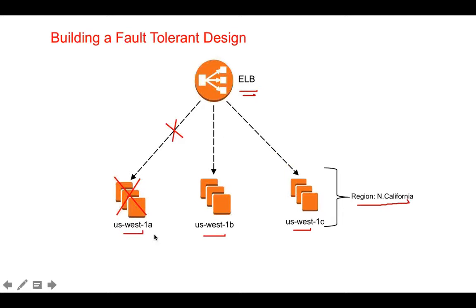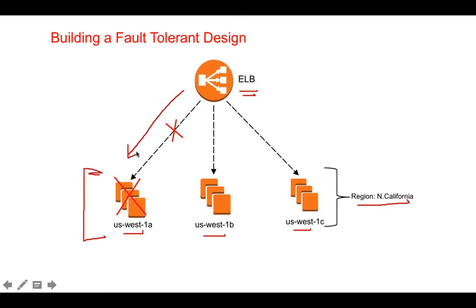Now, this load balancer is sending the traffic to all the instances in different AZs. Now this AZ, US West 1A, goes down for some reason. Might be due to some natural calamities, might be that Amazon Web Services has shut down this AZ for maintenance purposes. As soon as US West 1A goes down, the load balancer will send the health check messages to the instances and get to know that all the instances in the same AZ are not responding.